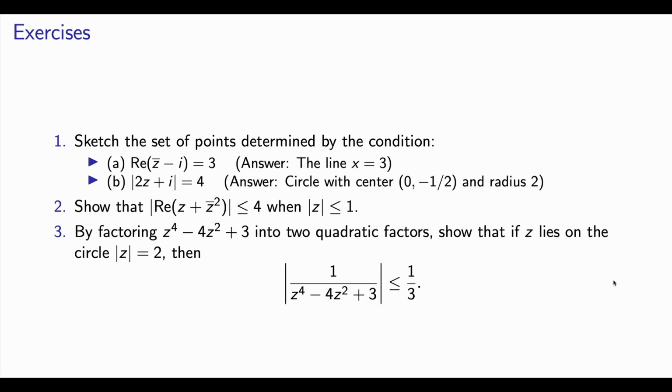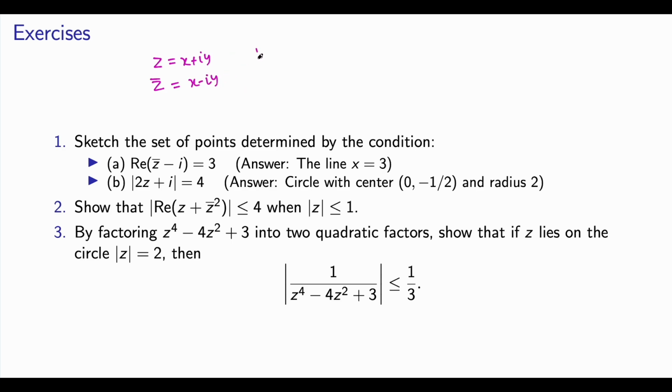Let us do some exercises. Sketch the set of points determined by the condition. So we have to find the set of points. Z is X plus IY. So what about Z bar? X minus IY.